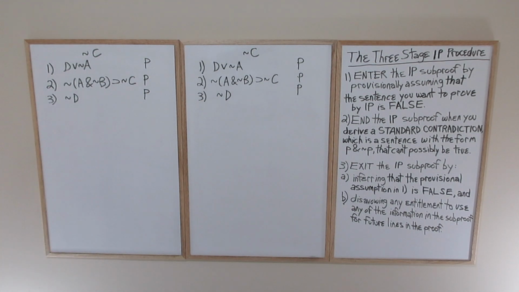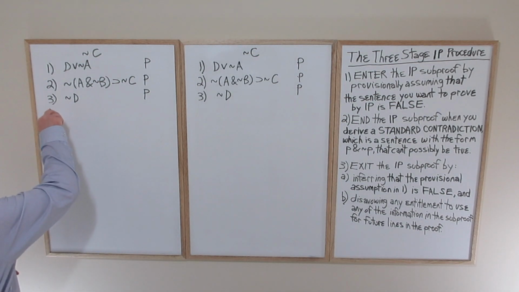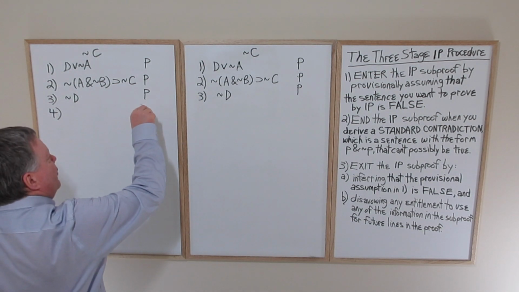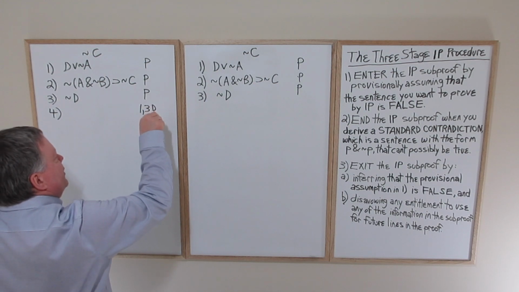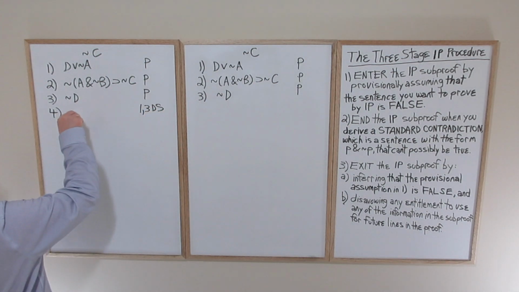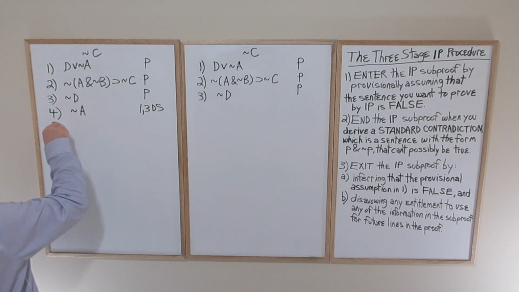A good example is the following proof, which comes from exercise 4.8. Here we've got a disjunctive syllogism opportunity right off the bat. 1, 3 disjunctive syllogism will give us tilde A.